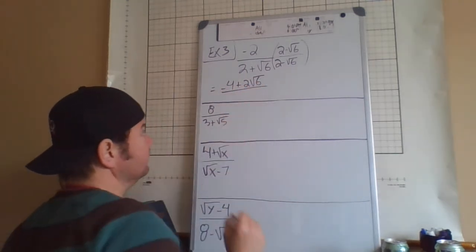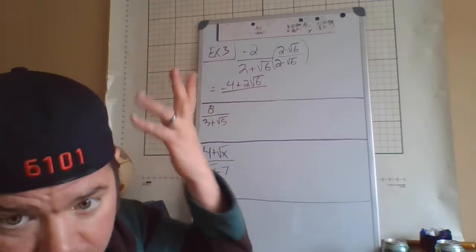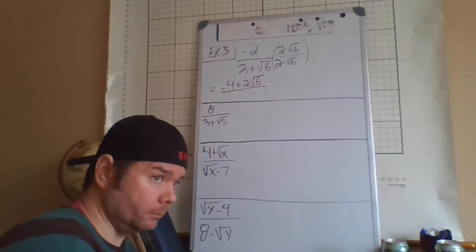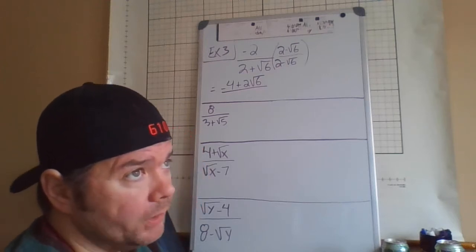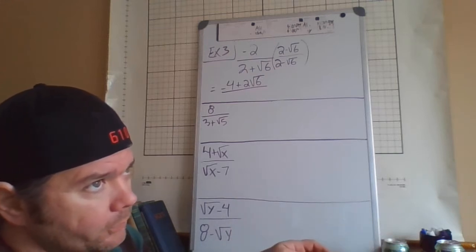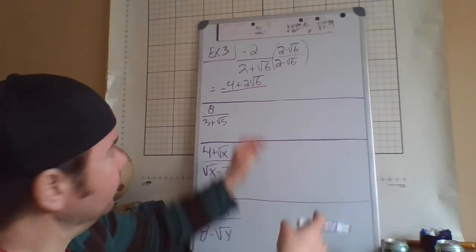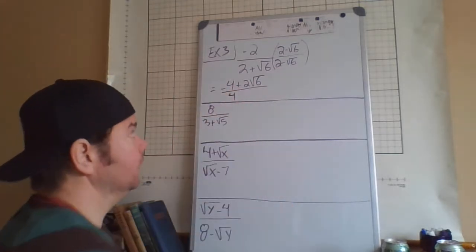And then in the denominator, you've got this times this. I could FOIL it, I could do the box method, or I could remember the result of multiplying a binomial by its conjugate. Well, you take the first term and square it, so 2 times 2 is 4.